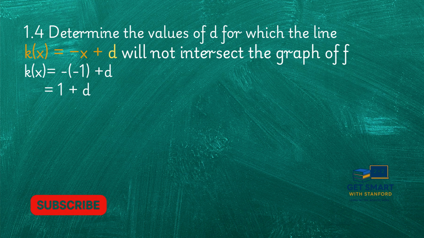This tells us that all the values of d that are greater than 5 will give us values that are greater than 6. And that suits the requirement since the straight line will move up and no longer intersect the graph of f. You can also apply the trial and error method. You substitute values from maybe 0 to 10, and you will see that from the moment you substitute values that are greater than 5, the graph of g does not intersect the graph of f.